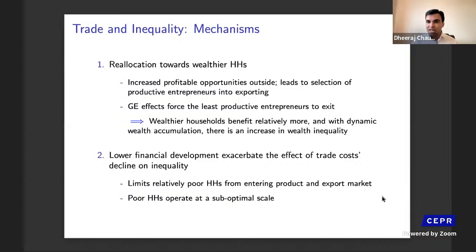These poor households, due to the constraints they face, are unable to enter the product market or the export market. And even when they can enter these product or export markets, they operate at a suboptimal scale because they do not have enough net worth to increase their scale of production as demanded by these new outside economic opportunities.